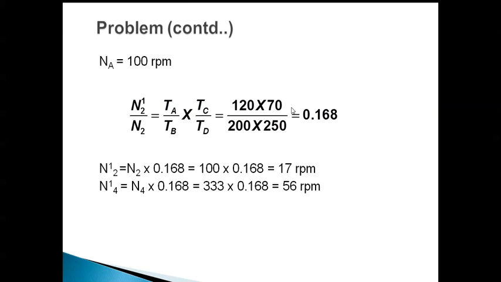So that is the common ratio. Then N4 dash equals N4 into 0.168, that is 33 into 0.168, that is 5.6 rpm will be the N4 dash.